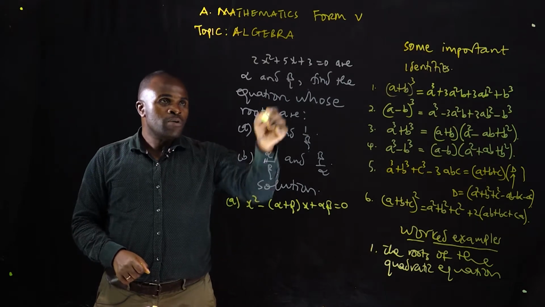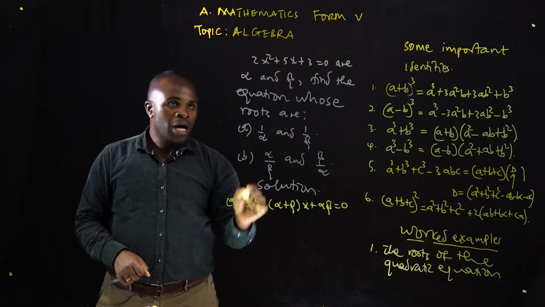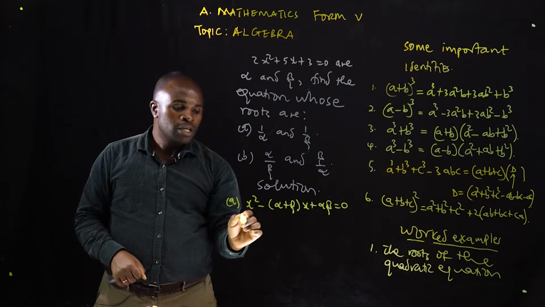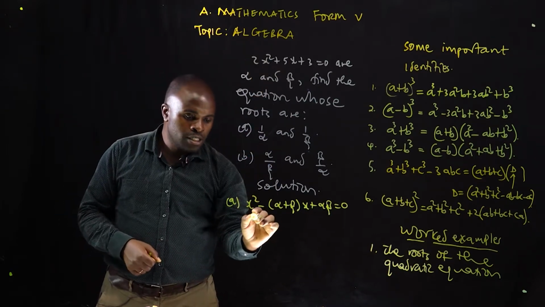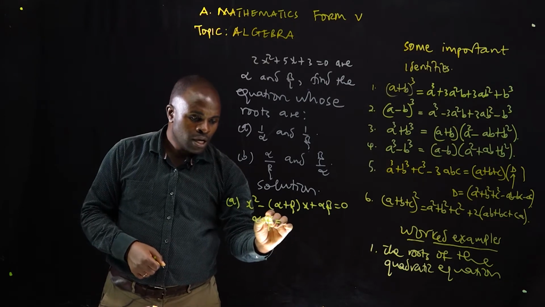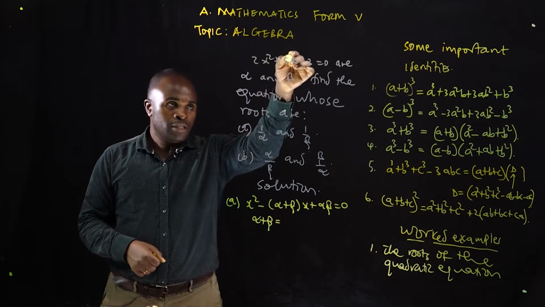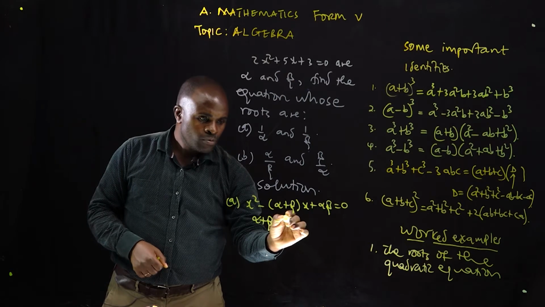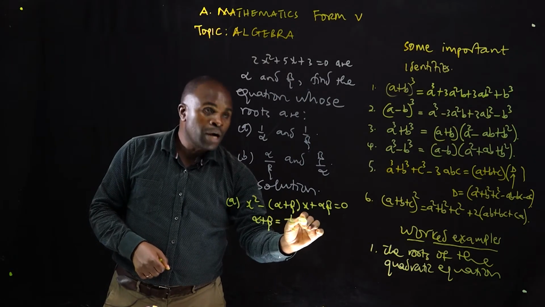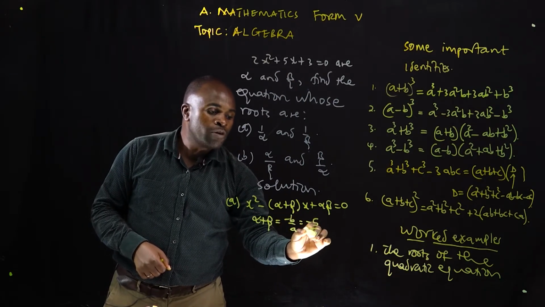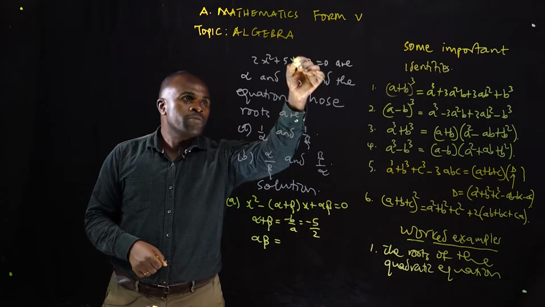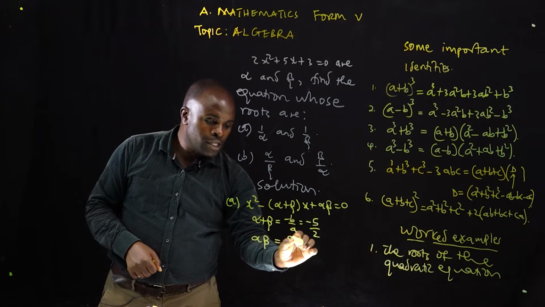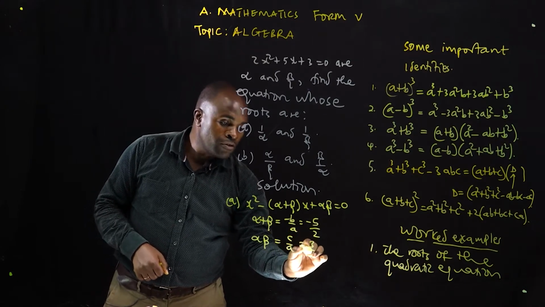From our quadratic, alpha plus beta is negative b over a, where b is positive 5, so it becomes negative 5 over 2. The product of roots is c over a, which is 3 over 2.